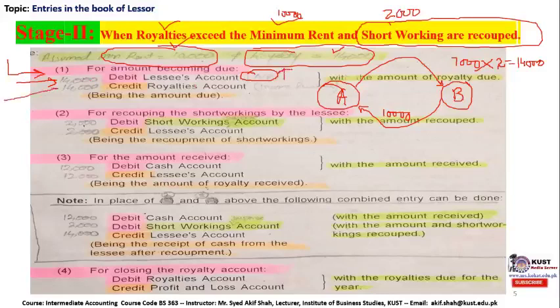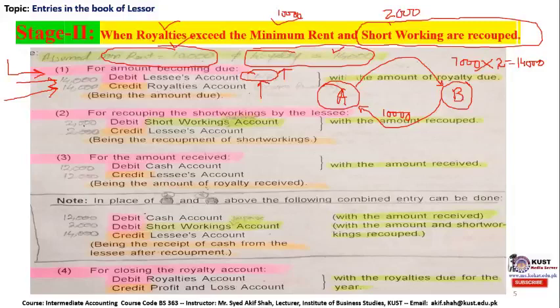Similarly, there is a credit entry with the title of royalty account, and this royalty account is basically an income or revenue for the landlord. Therefore, an increase in revenue is recorded as a credit entry.